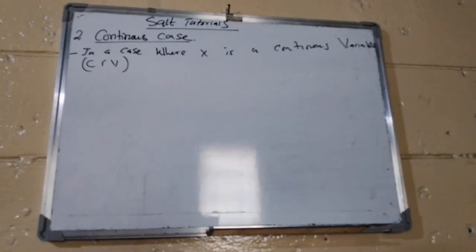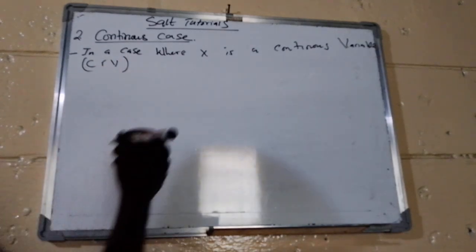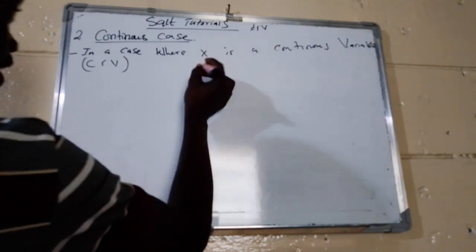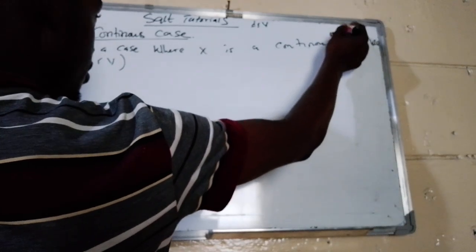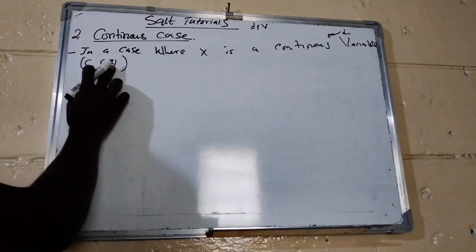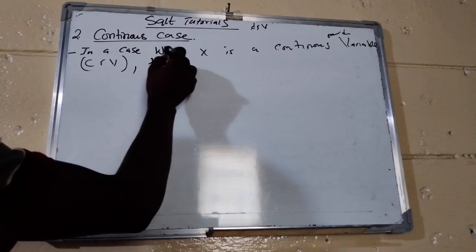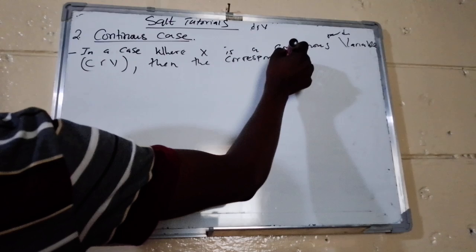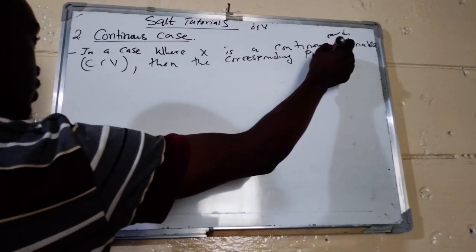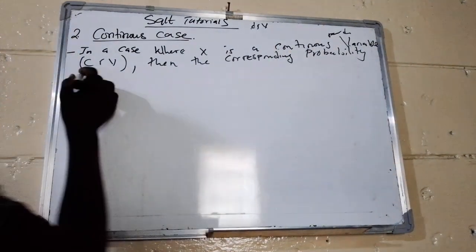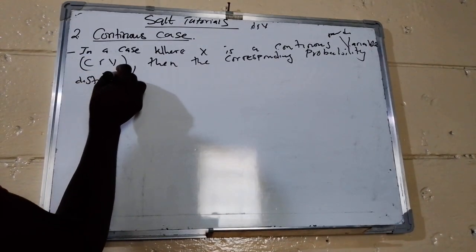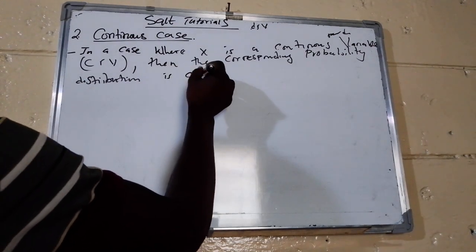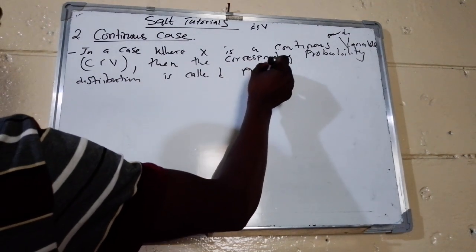Just like something which is discrete is abbreviated as DRV, discrete random variable, a continuous random variable is abbreviated as CRV. Then we're simply saying that the corresponding probability distribution is called the probability density function.